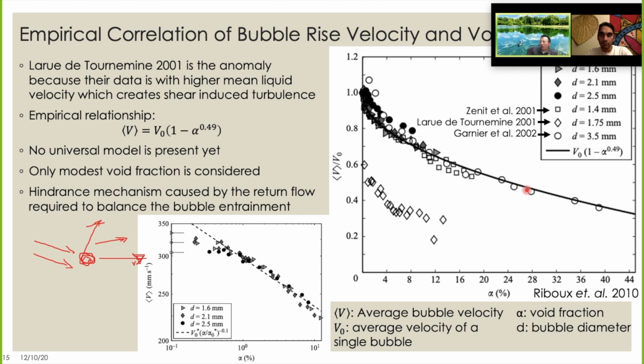But this is a point-wise measurement, and you can only get the velocity at a single point. With particle image velocimetry, you can get measurements at multiple points together, hundreds, tens of thousands of points together.